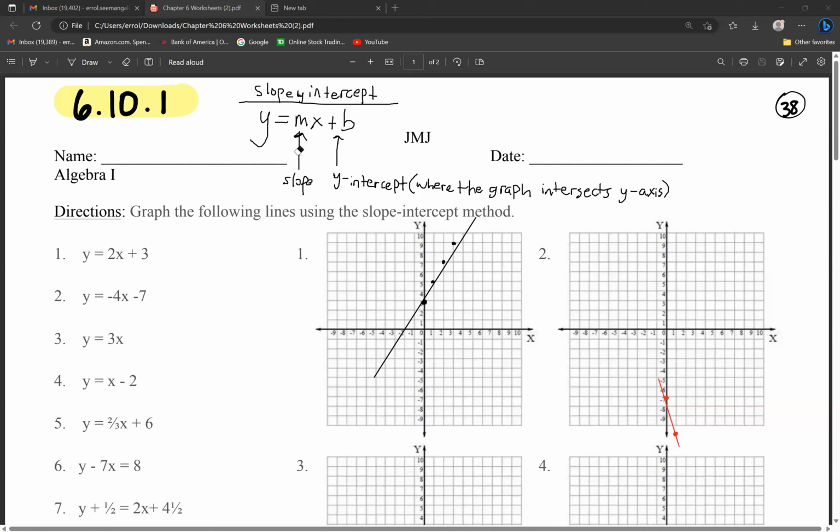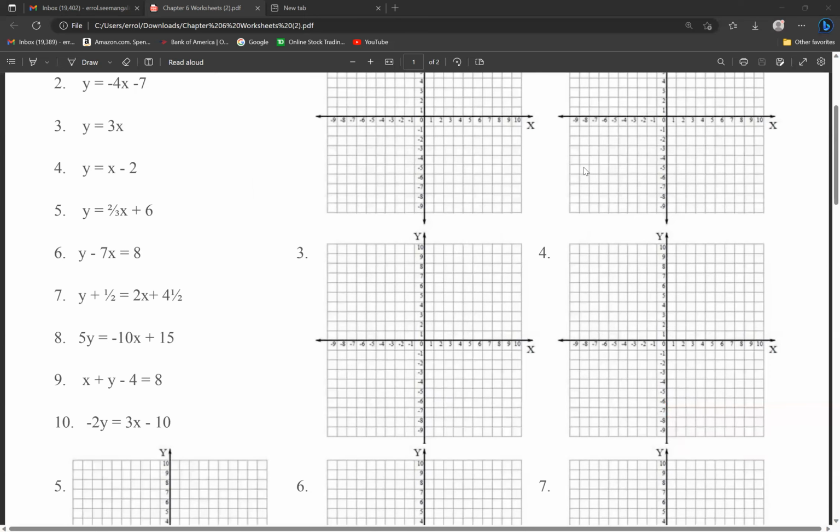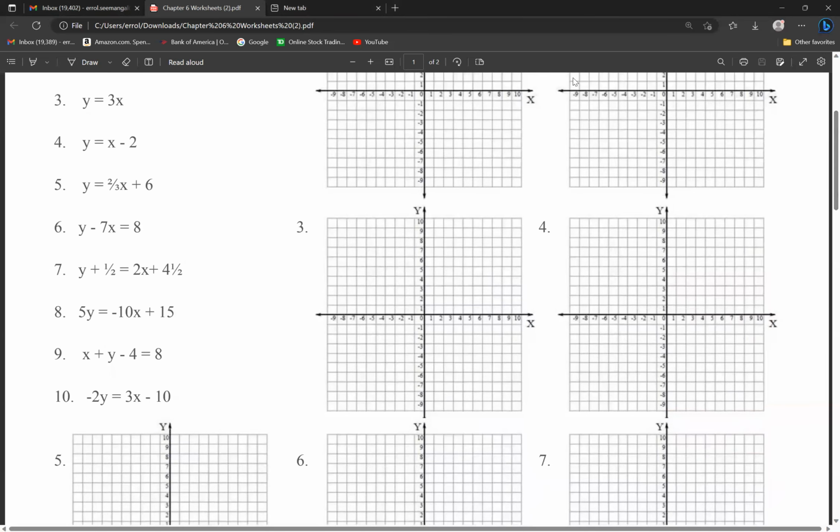All right, number 3. What's number 3? Let me scroll down actually. You got 1 and 2 already? All right, I'm gonna scroll down a little bit. All right, 3x. Where do we start?